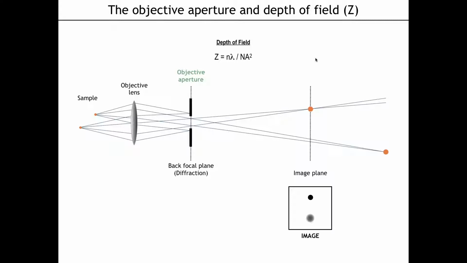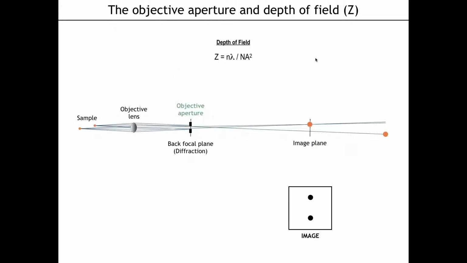For a high numerical aperture lens, these electrons go through, and this is the focus point of these electrons, and this is the focus point of these electrons. If this is your imaging plane, then this point becomes in focus, whereas this point is no longer in focus. This is one of the origins of blurring.